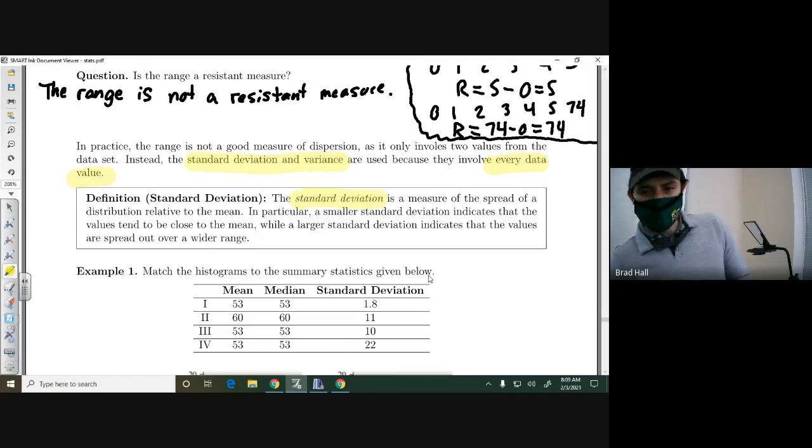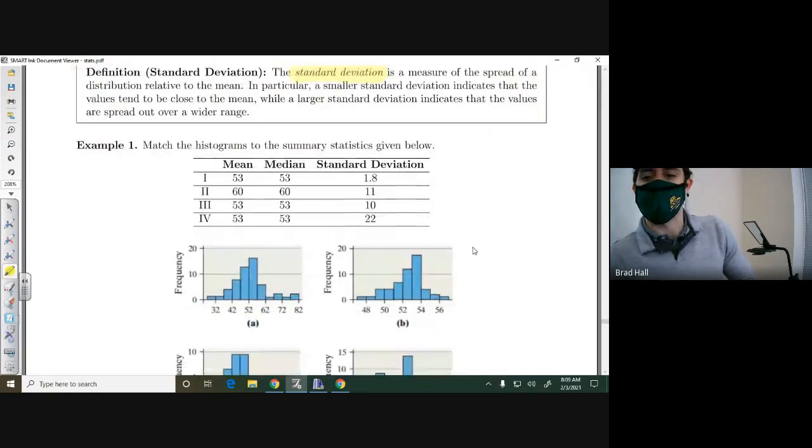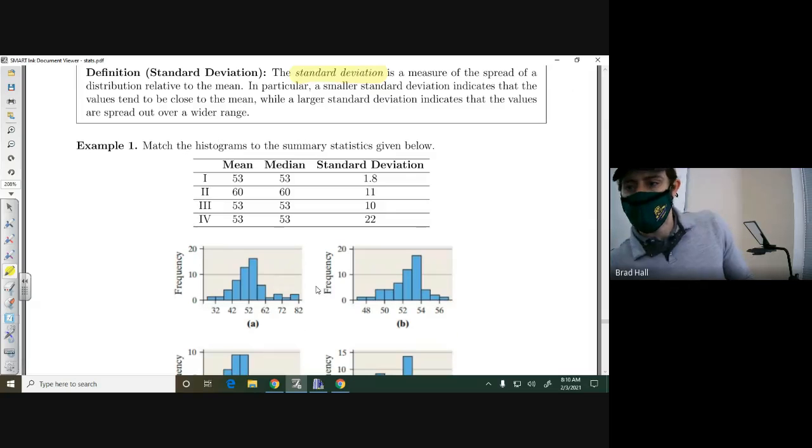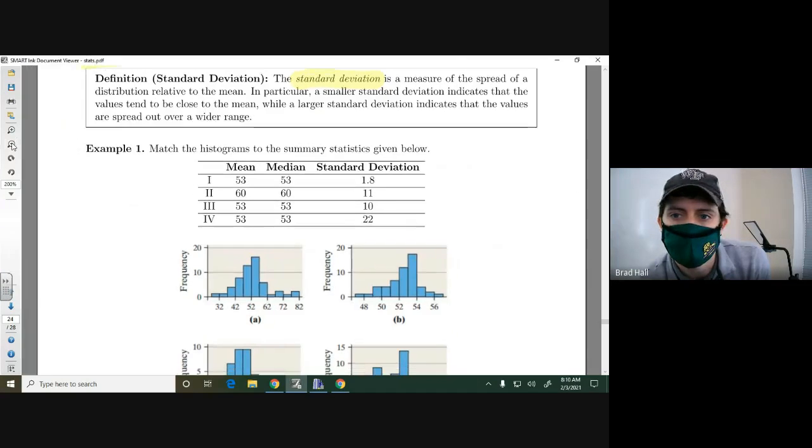With this conceptual idea, we can already start to answer questions that are correlated with graphs. And again, here's a histogram.